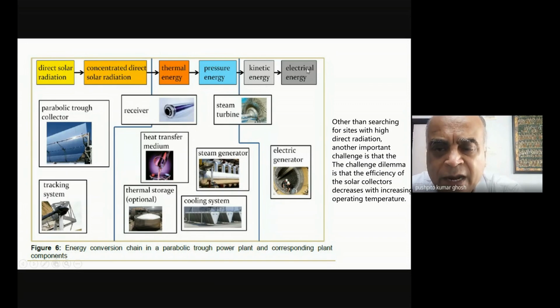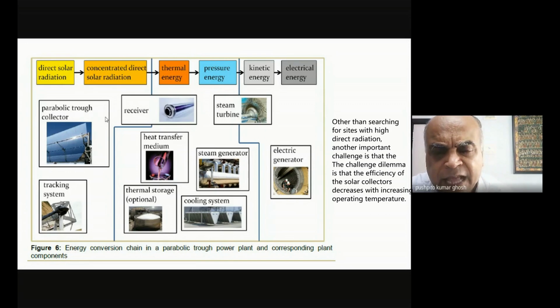And from there, by electromagnetic induction, you are generating electrical power. That's what you are doing. Okay, so that is one of the options which is being looked at very actively today.